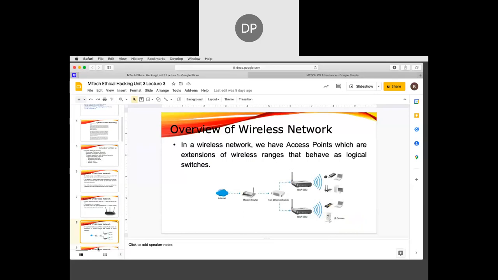So in a wireless network, we have access points, which are nothing but extenders of wireless range that act as a logical switch. So here you can see the internet is connected via a modem router, then the modem router is connected with a fast Ethernet switch, and the fast Ethernet switch is connected with some wireless routers.